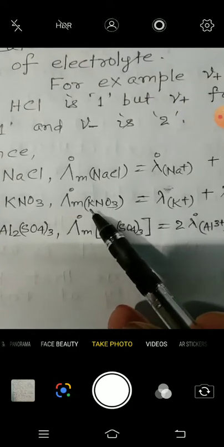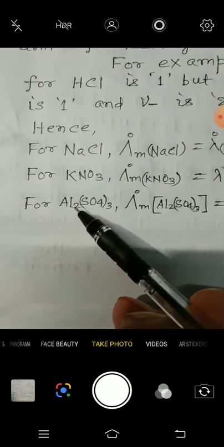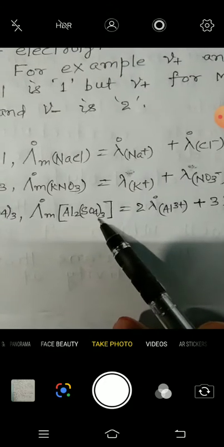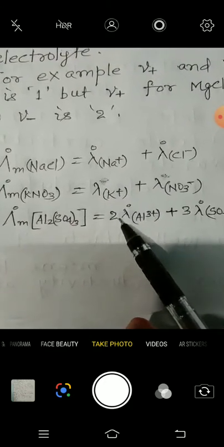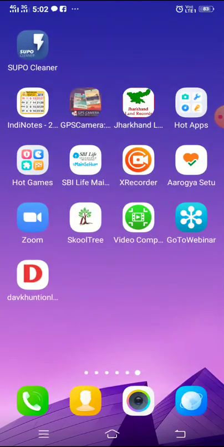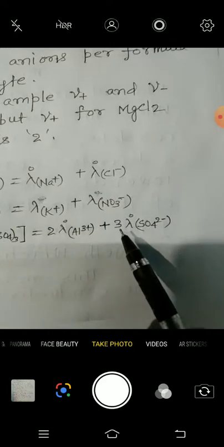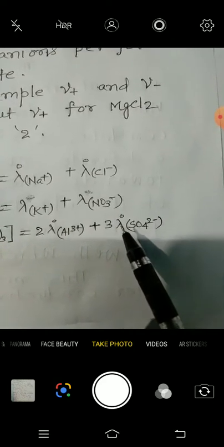For KNO3, the limiting molar conductivity will be equal to this much, and for aluminum sulfate, the limiting molar conductivity will be equal to 2 multiplied by the limiting molar conductivity of aluminum ions plus 3 multiplied by the limiting molar conductivity of sulfate ions.